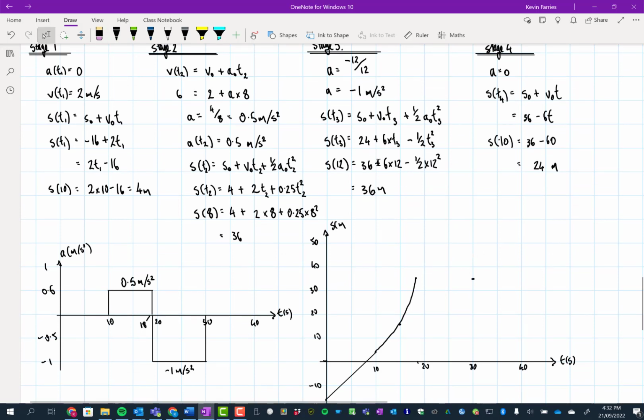So for 18, I think I forgot to change that number there. So let's just try a couple of points. Let's stick 20 into here first. So 24 plus 6 times 24 minus 0.5 times 24 squared. Why did I have 24?